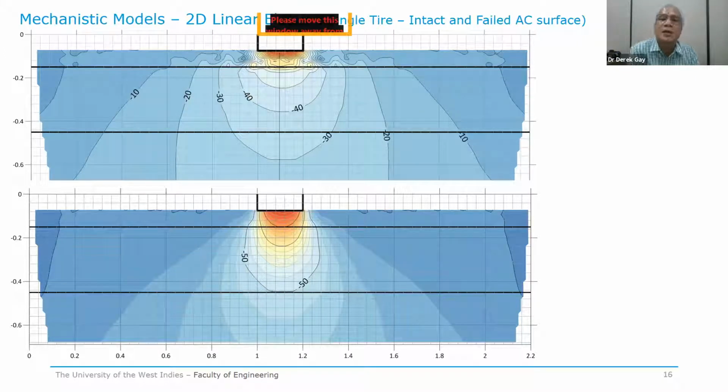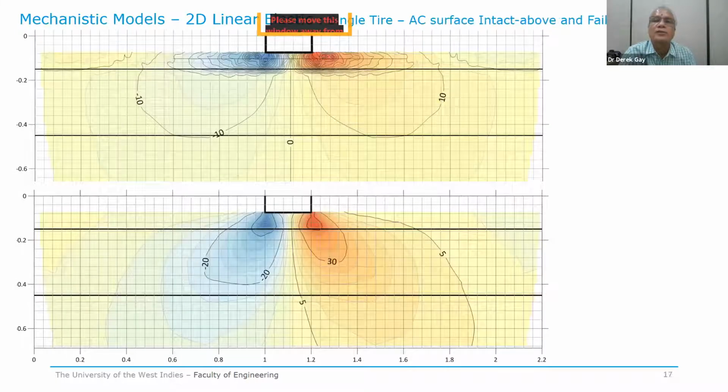For example, at the top of the base, sub-base interface, we have 35 kPa. And in the lower diagram, when the asphalt is compromised to 50% of its strength, we have 50 kPa at the same interface. So in design, therefore, what this is saying is we need to consider the full mechanistic form of the pavement before we go on. And the AASHTO 2008 approach attempts to do this.